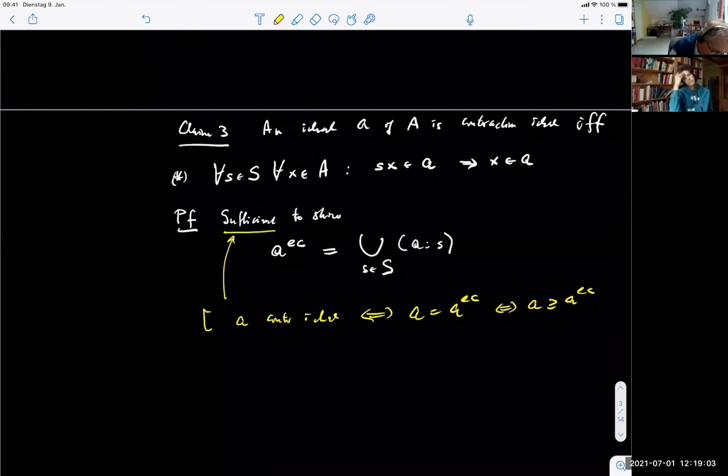I want to show this is true if and only if star holds. So now you have to see what it means. I'm not explaining it very well.